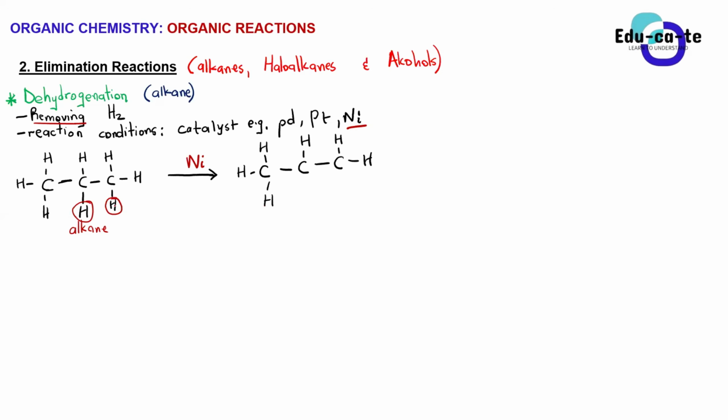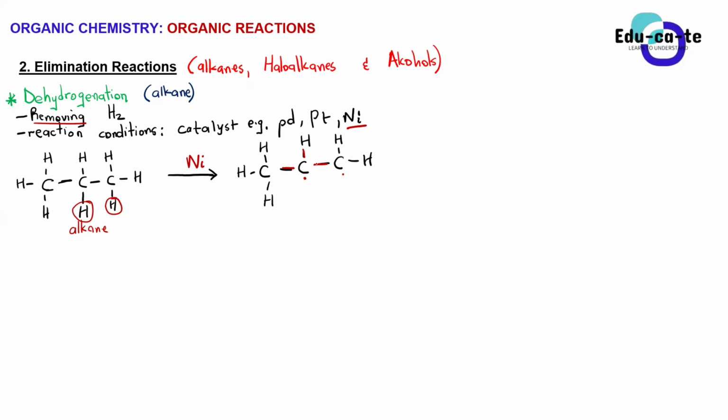So after removing two hydrogens here, basically we are left with these carbons, and they are now having a shortage of bonds. All of them must have 4 bonds in total, but these are having 3 bonds. You can see that here we're having 1, 2, 3 for the first carbon.